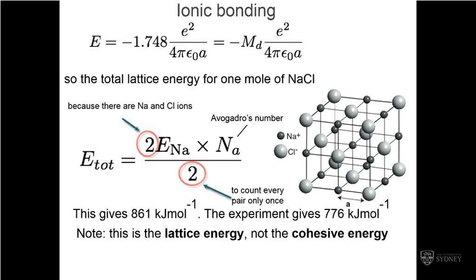Because we were just considering the sodium atom, but it's per sodium and chlorine atom, for 2 of them, we can multiply by 2. And when you're adding up these contributions, imagine you're doing this for each atom, you overcount by a factor of 2, so we have to divide by 2. And this will get you a value of 861 kilojoules per mole. And this is what we call the lattice energy.